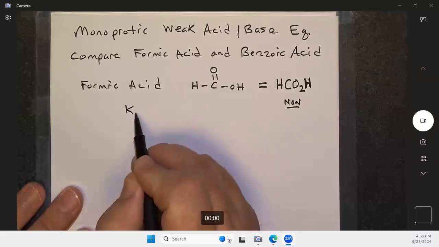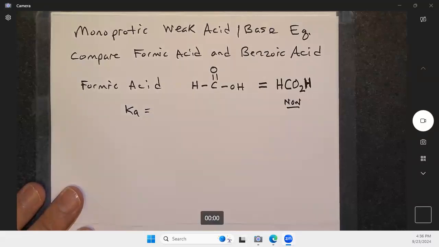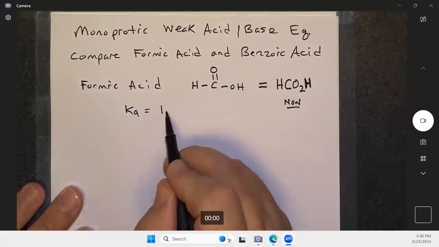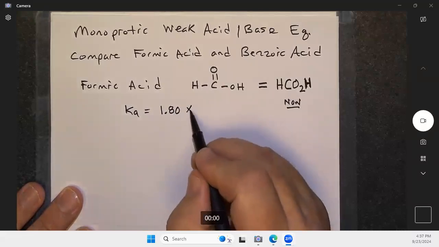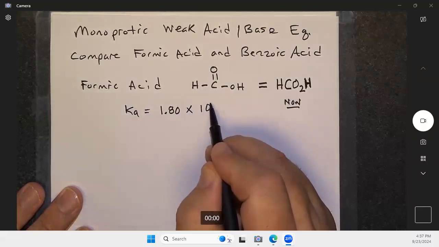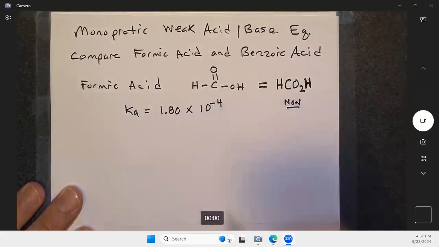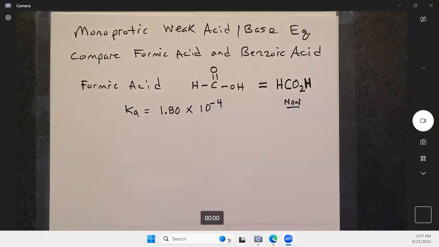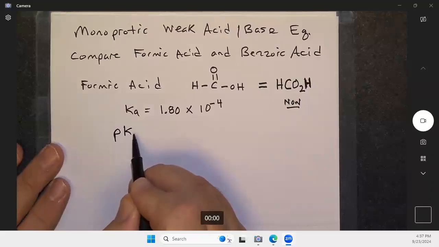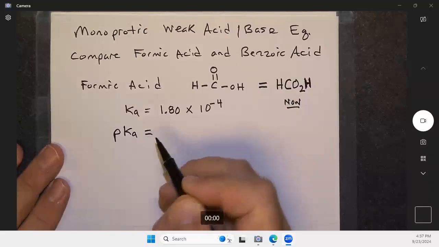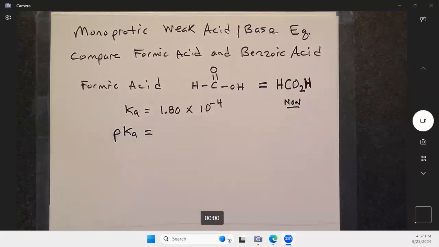Turns out, if we look it up in Appendix G, the Ka for formic acid is 1.80 times 10 to the minus 4. So what would be the pKa? Remember what p says? Little p out front of something says, whatever I'm out front of, take the negative log of it, right?